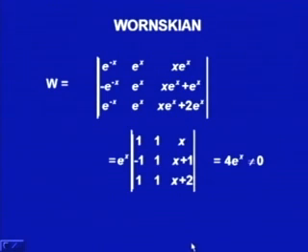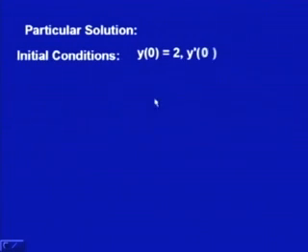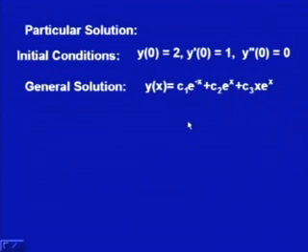Now, we have to solve the initial value problem, that is, we have to find the particular solution. The given initial conditions are y at 0 is 2, y dash at 0 is 1 and y double dash at 0 is 0. Our general solution was C1 e to the power minus x plus C2 e to the power x plus C3 x times e to the power x.